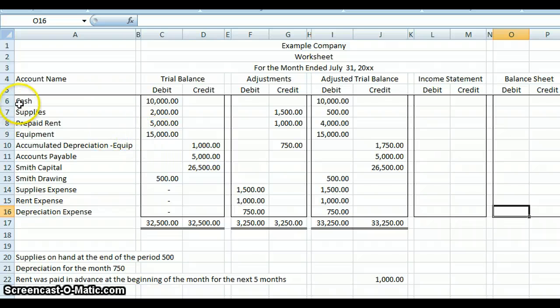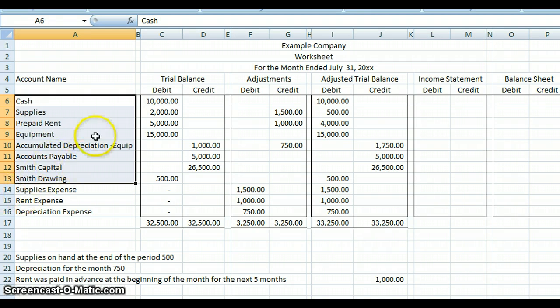So if I look over here, cash is an asset, supplies is an asset, prepaid rent is an asset, equipment is an asset, accumulated depreciation is a contra asset, so it stays with the assets. Then we have a liability and an equity account, 2 equity accounts. So those are all my balance sheet accounts. So I'm going to take all of these balances and put them on the balance sheet. Remember, our assets equal liabilities plus owner's equity.